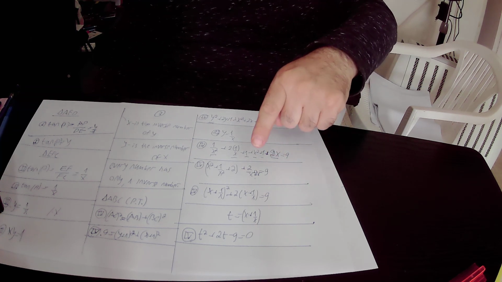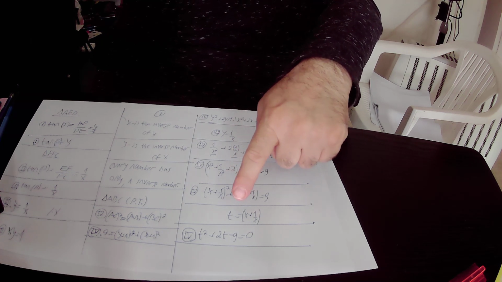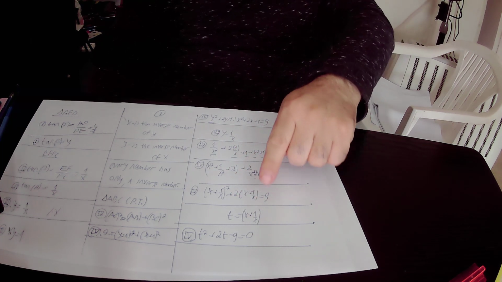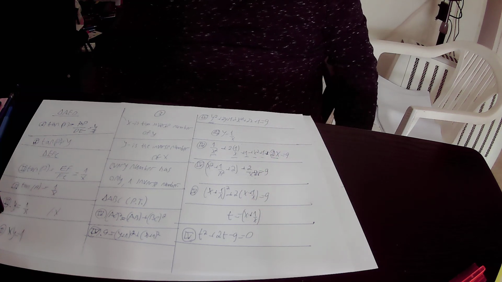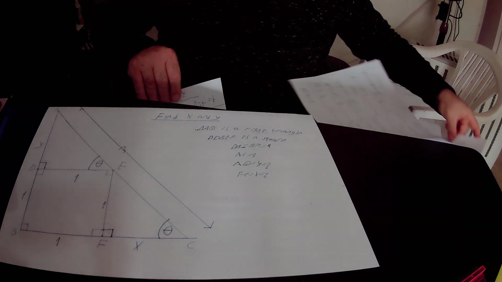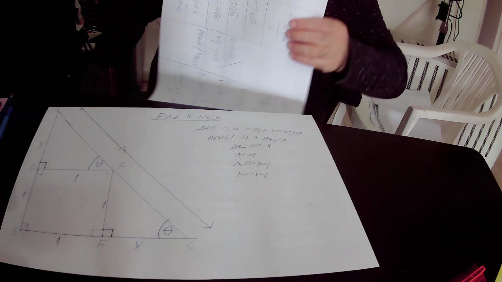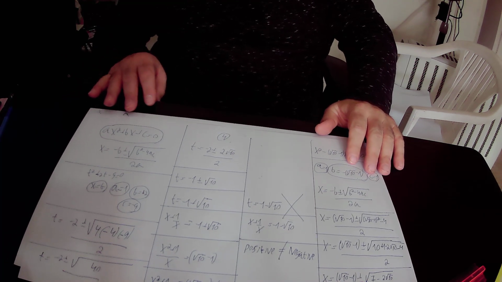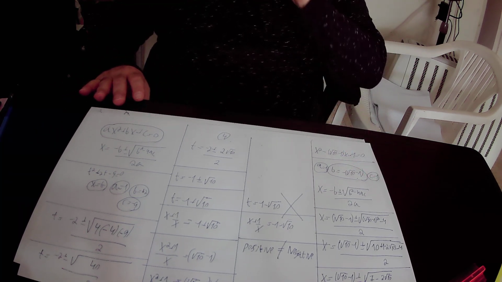We did it, and we got t squared plus 2t minus 9 equals 0. So this is a quadratic equation. And the general formula for a quadratic equation is ax squared plus bx plus c equals 0.